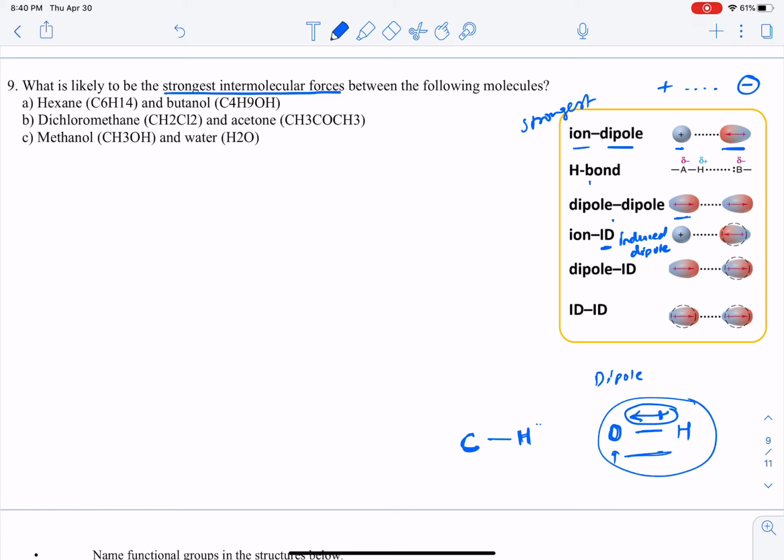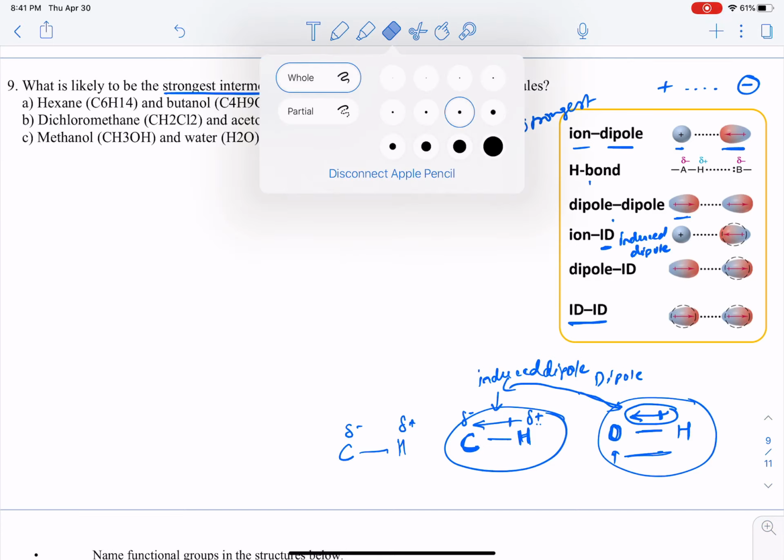This dipole induces a dipole in this, and because of that, this becomes kind of positively charged, and this becomes kind of negatively charged, and again it creates a dipole. This dipole is induced by this one, so this causes an induced dipole here. And the next one is the induced dipole creating another induced dipole. Again the next H and C will create an induced dipole, so that will be even weaker.